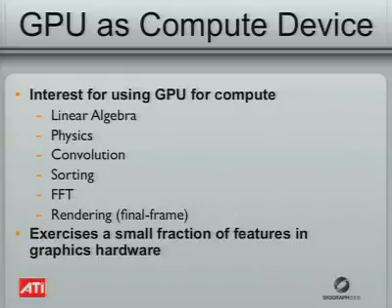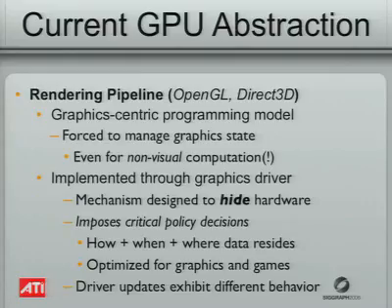And looking at all these applications, you can start to realize that most of these only exercise a small fraction of the features in the graphics hardware, which we started to look at in terms of developing a new abstraction layer. So the current GPU abstraction is actually just the rendering pipeline.